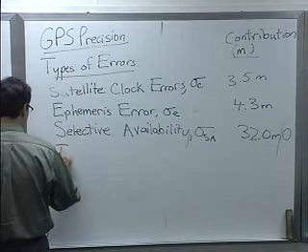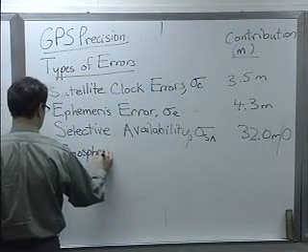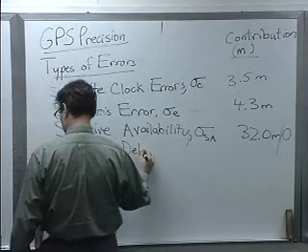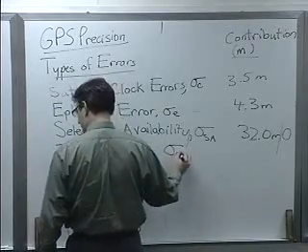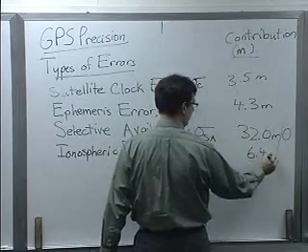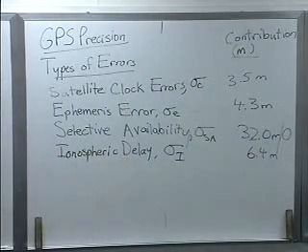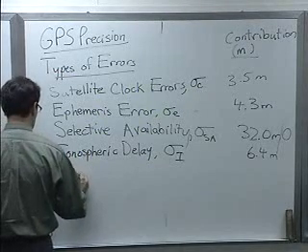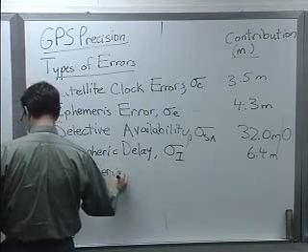Ionospheric delay. Sigma sub I. This is one of the bigger sources of error. That's 6.4 meters. And that's a typical number. That's going to fluctuate throughout the day and depending on where you are on the Earth. Tropospheric delay.